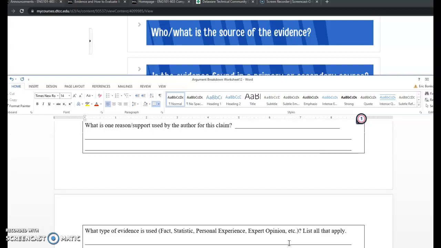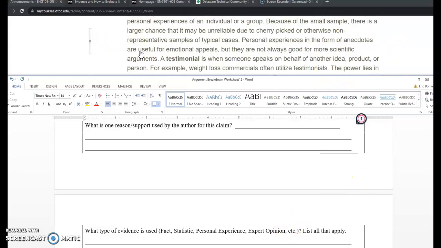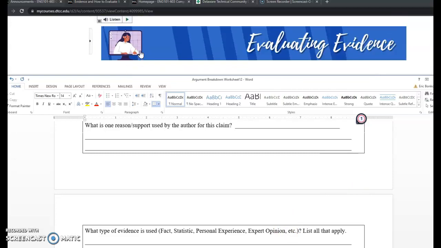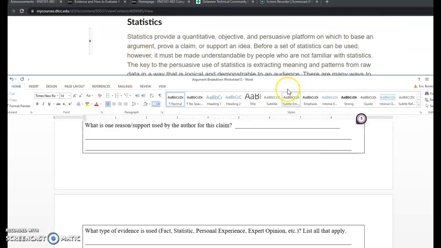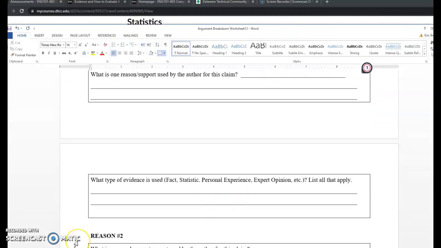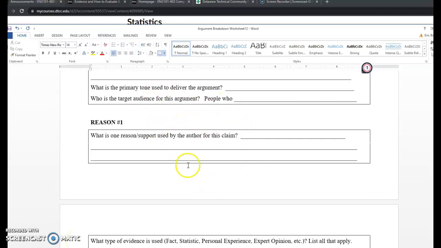If you want to know more about the difference between a fact and a statistic, and this article is not helping you figure it out enough, then Google it. Or if you want more examples, use Google to help you figure out what types of evidence are being used to support this.